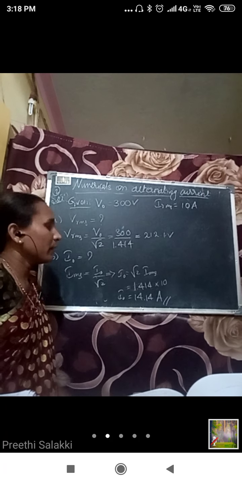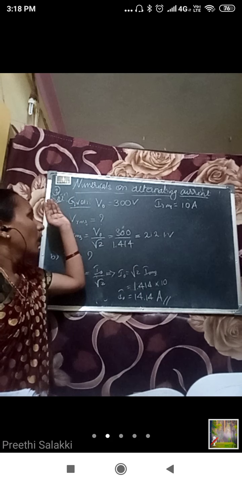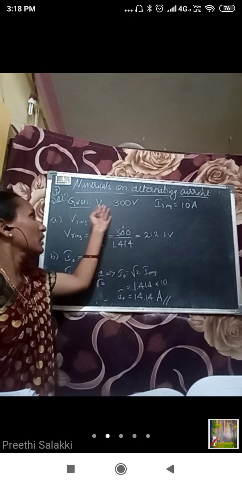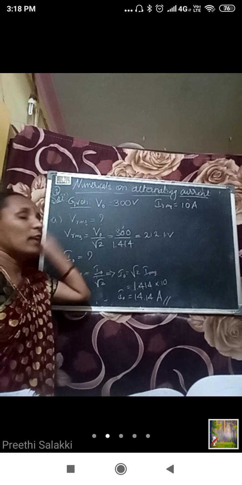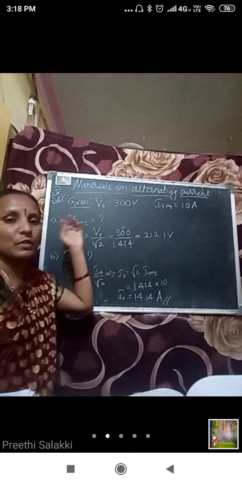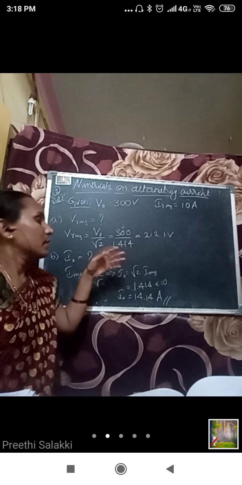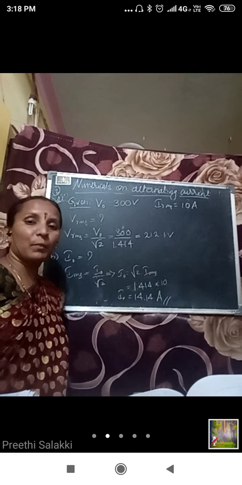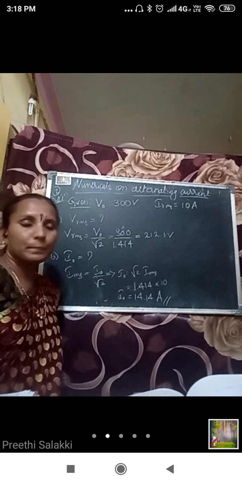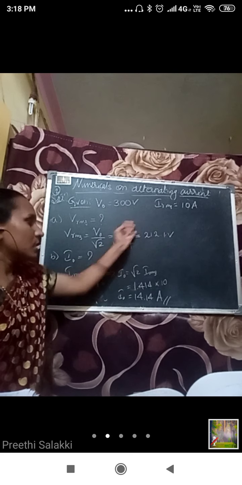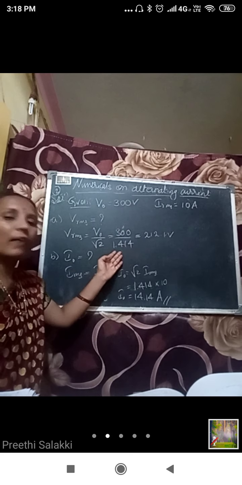I am repeating this numerical. The first bit starts at the beginning of your second question. The peak value of the AC supply is 300 volt. Calculate the RMS value of voltage. The second bit is: the root mean square value of current is 10 ampere, find out the peak current. This is your formula relating to it. These are your givens. Substitute, simplify.